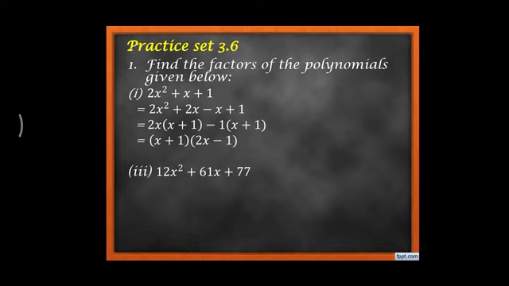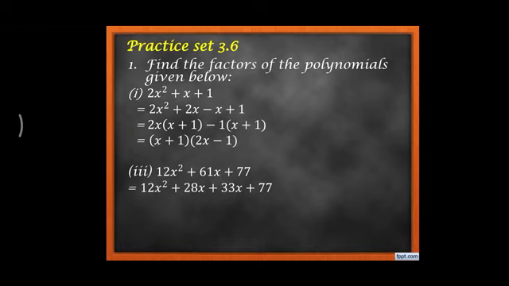So we get 4 into 3 into 11 into 7. 4 into 3 is 12 and 77 is 11 into 7. Now we will divide them in such a way that their addition is 61. So 28 into 33. So 28 plus 33 is 61.